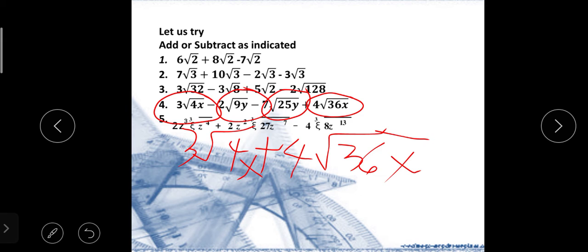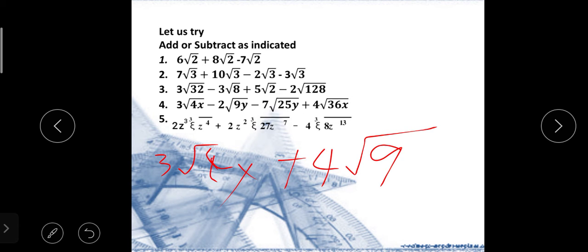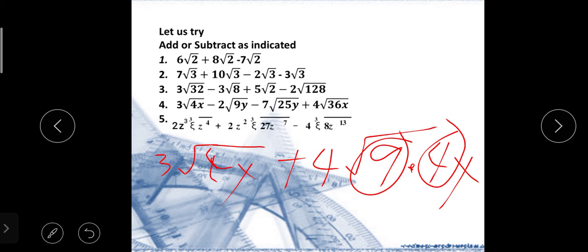Okay? Pero pag ganon, let's say, ang ginawa natin ay we have 3 square root of 4x. Dito muna tayo sa term ng x. And then we have 4 times square root of 9 times 4x. Tama? Kasi, itong 9 at itong 4 ay pareho siyang perfect square.